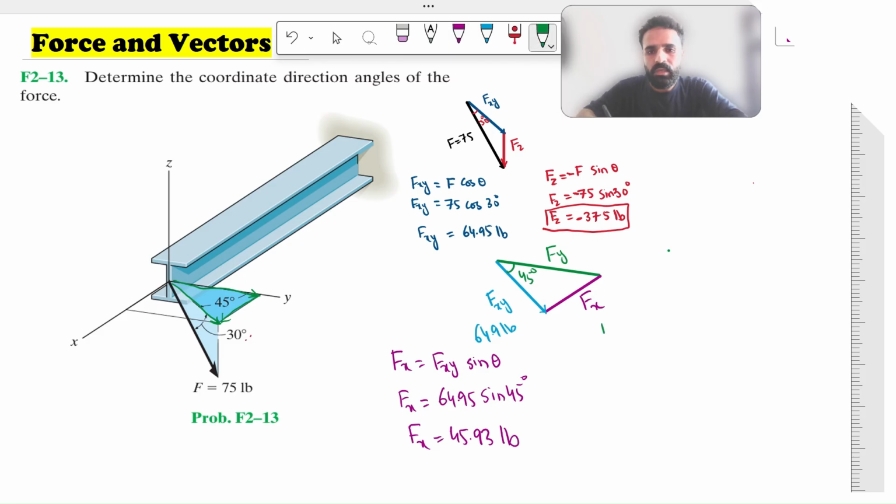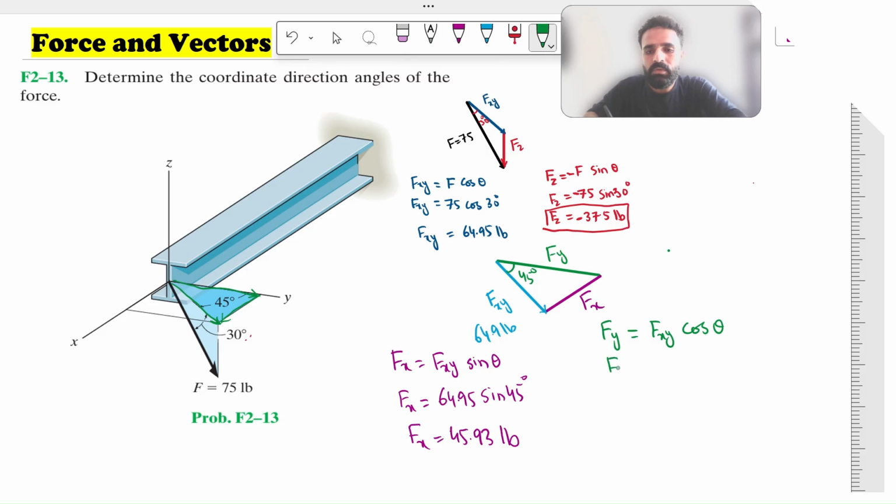Now I will find the value of Fy. For Fy, I will also apply a trigonometric ratio in this triangle. The Fy component will use cosine theta, because it is the ratio of adjacent to hypotenuse. So Fy is the projection Fxy times cos theta.